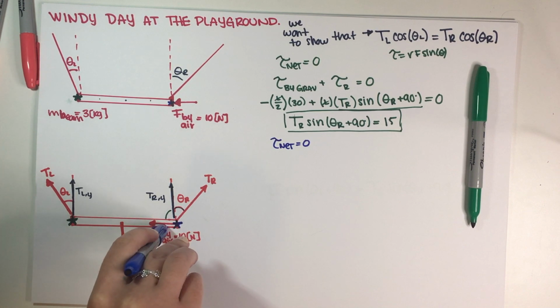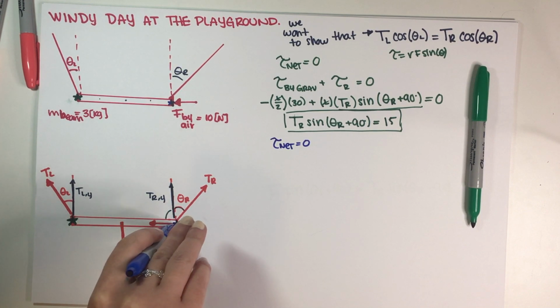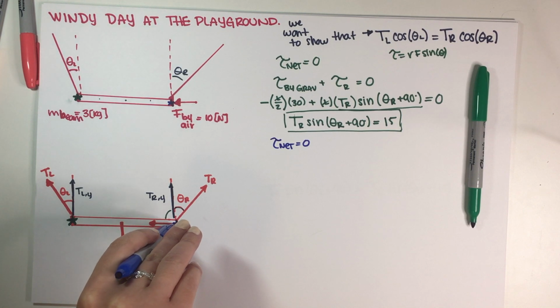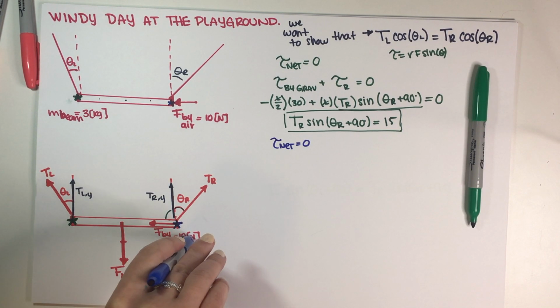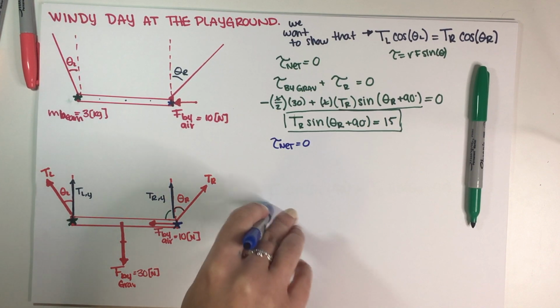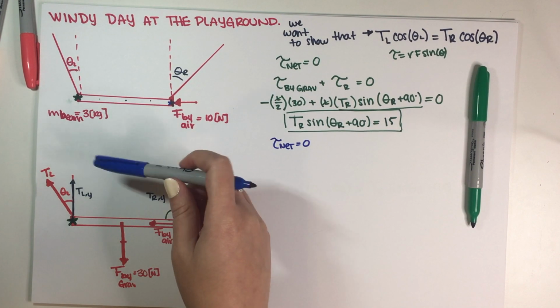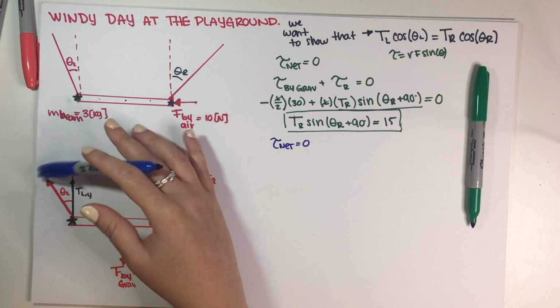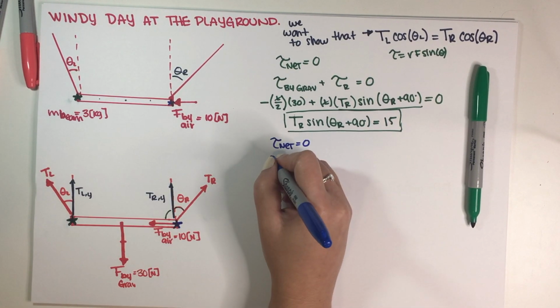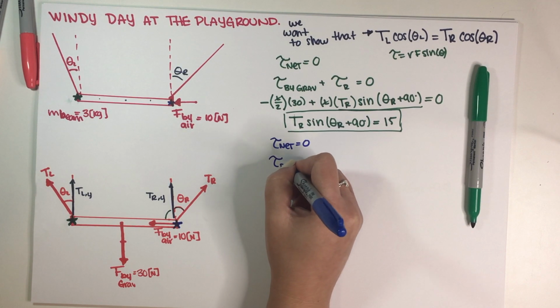Force by air is not generating a torque because it's parallel to the pivot point. So the only two forces that are generating a torque are force by gravity and this tension force. So let's just balance that out.